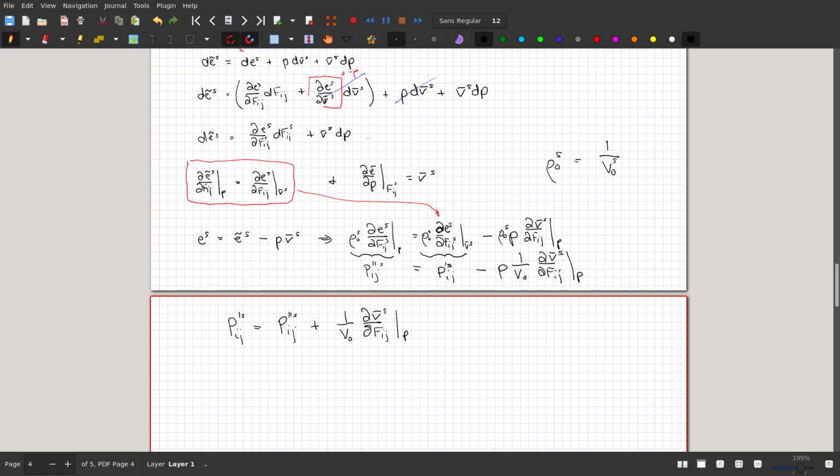But remember, we have J of S from the conservation of mass, right?